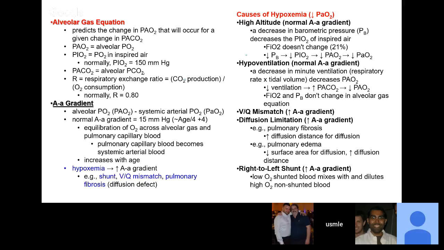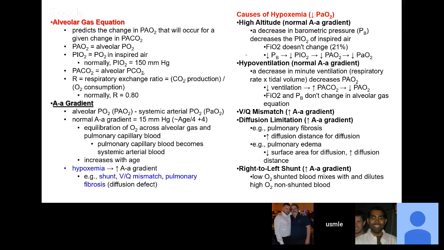Diffusion limitation. Diffusion limitation here as well is like the mismatch. You're going to have an increase of the alveolar-arterial gradient. What does diffusion limitation mean? It means that you have a problem with the amount of alveoli, a problem with the diffusion itself, a problem with the spacing between the capillary and the alveolar, and all these are going to have an impact on the exchange of gases.